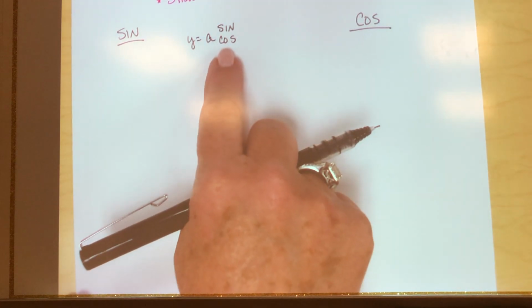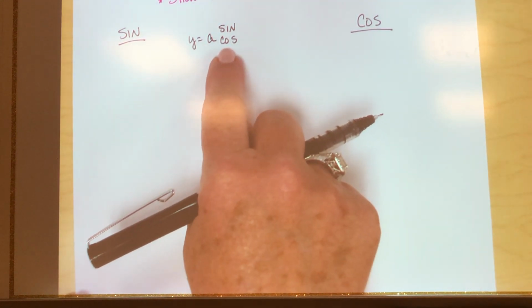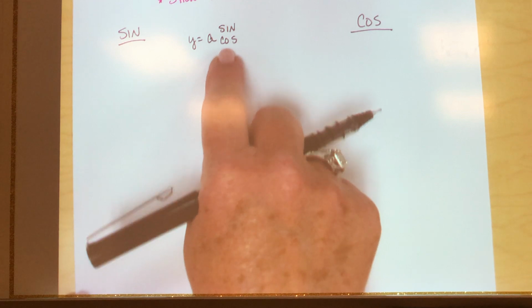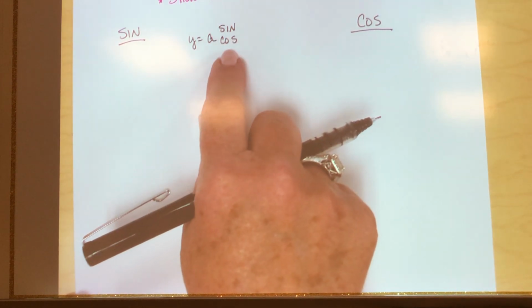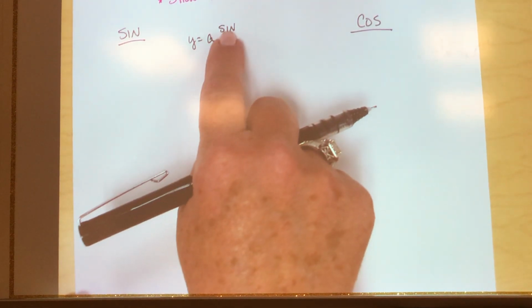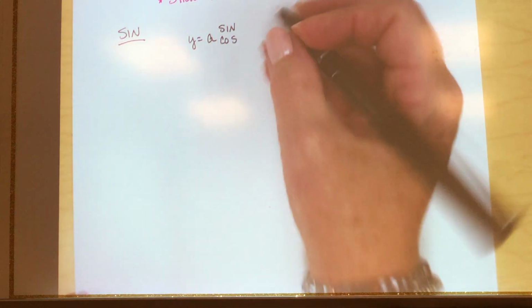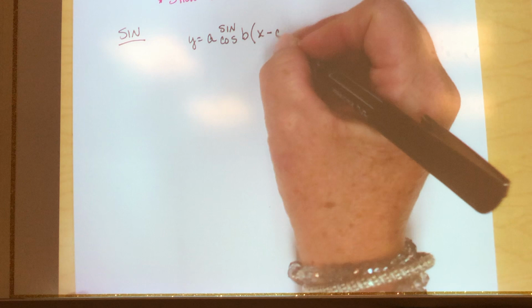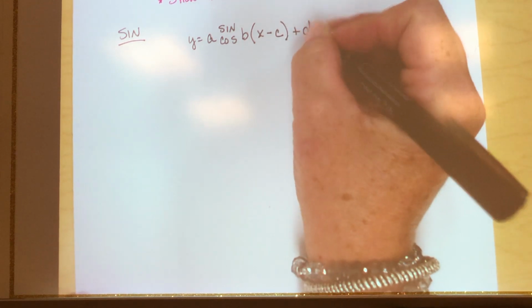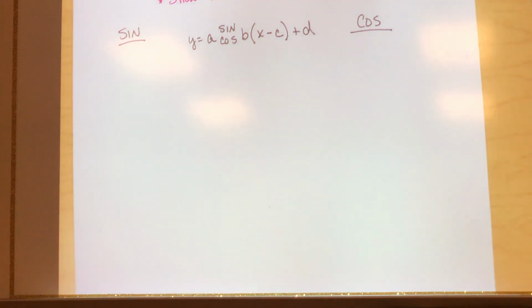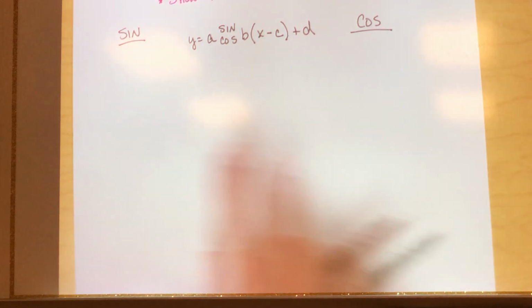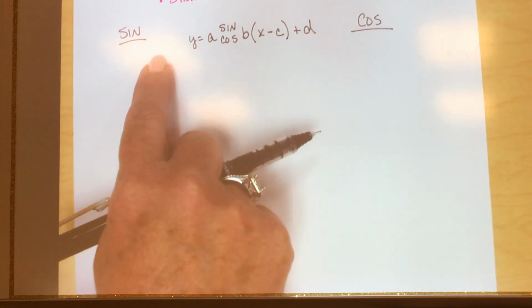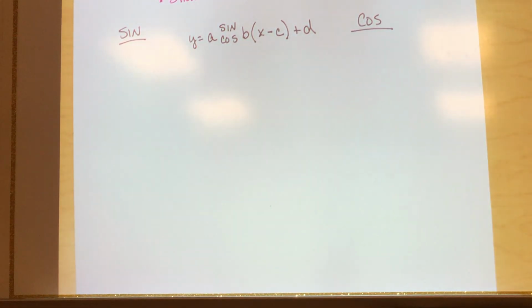If you write this, you're wrong. You have to pick one of these, either or. It's either a sine, and then here was our b, and then our x minus c plus d. It's the same for the sine and the cosine. If you don't like that, you can write that same equation with sine here and with cosine here.